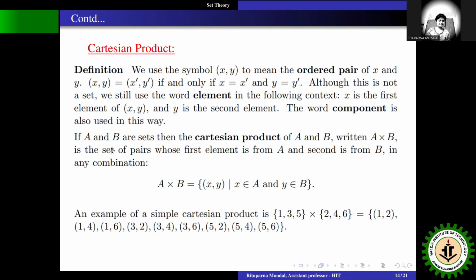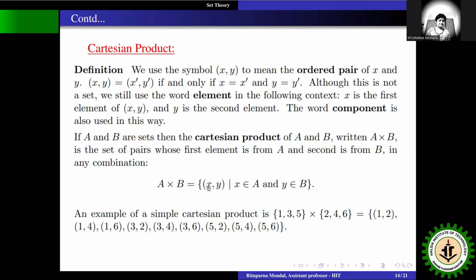So if A and B are two sets, then the Cartesian product of A and B is A cross B. This is the notation, and it is defined by A cross B equals {(x, y) such that x belongs to the set A and y belongs to the set B}.